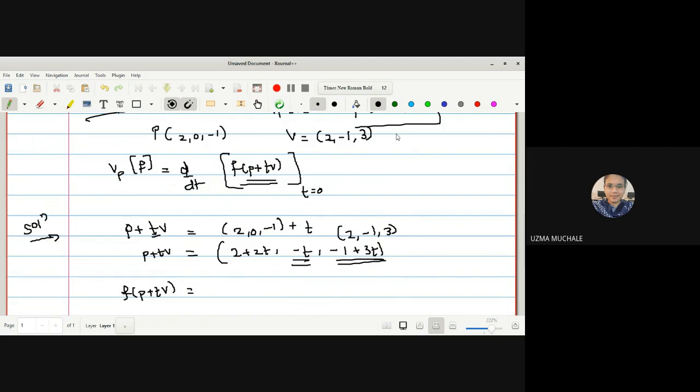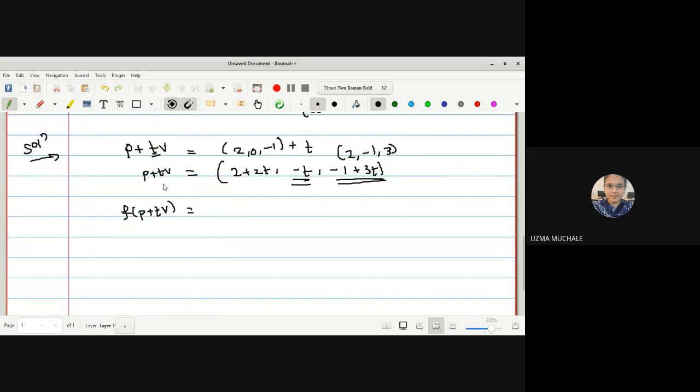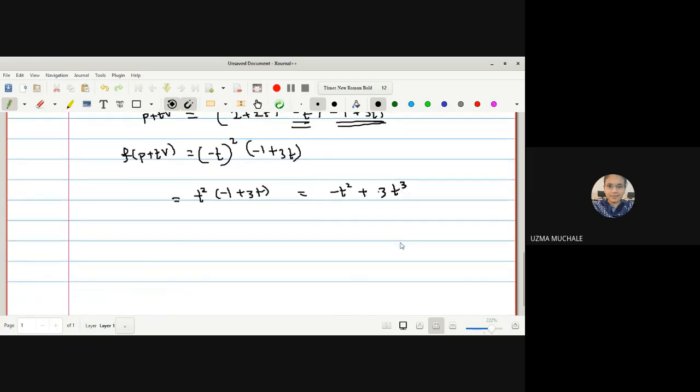Your function is y squared times z. So for f of p plus tv, you take the y and z coordinates: y squared is (-t) squared, which is t squared, and z is -1 + 3t. So this is t squared times (-1 + 3t). The result is -t squared plus 3t cubed. So this is your f of p plus tv, you have got it.